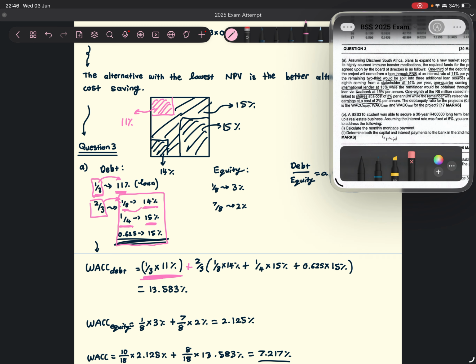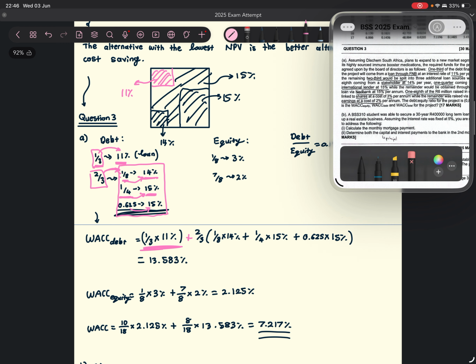So this number multiplies into that one, this one multiplies into that one, and this multiplies into all of these. So the weighting for the 14%, you multiply the 14% by its weight, and then you multiply that by its overall weight, which is 2/3. And then you just add those together. I hope that kind of makes sense. So that's for the debt, the WACC debt.